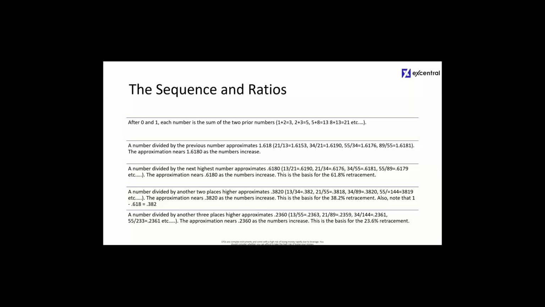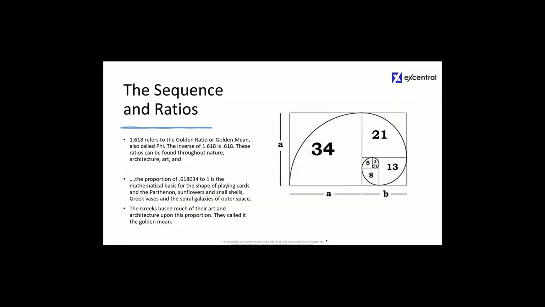Now, the first number we talked about, the 0.618, is also referred to as the golden ratio or the golden mean, and sometimes called phi. And the inverse of the 1.618 is the 0.618. These ratios can be found throughout nature, architecture, and literature. Here you see the spiral of the galaxy.